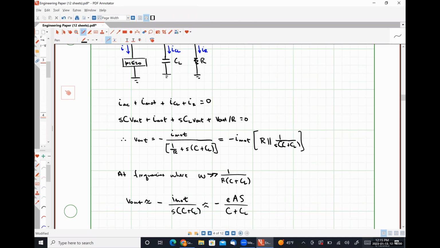Because our motional current is once again dependent on s, the s's are going to wind up canceling each other out.